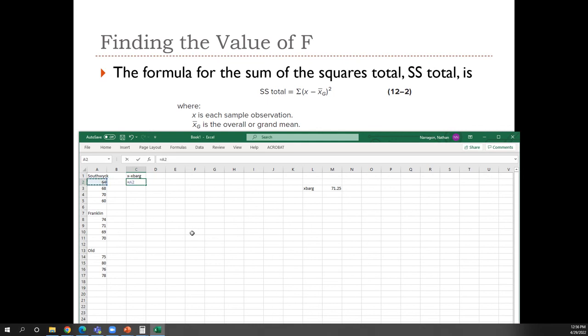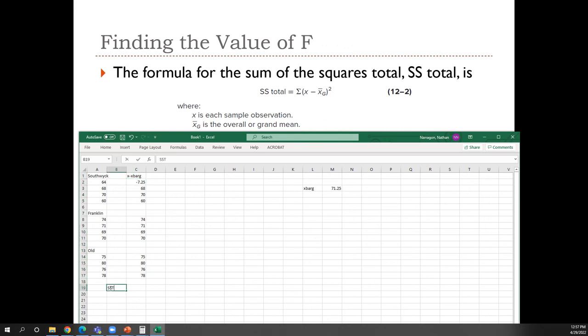So this is going to equal our observation minus our grand mean. But we can scroll all the way down if we want to and get rid of the ones that have 0 or no value. There we go.